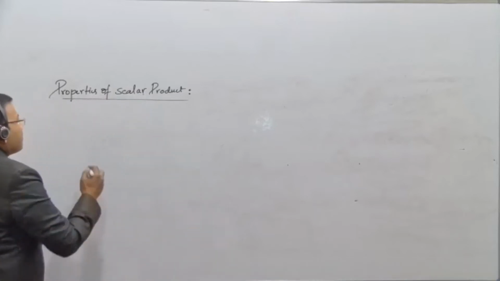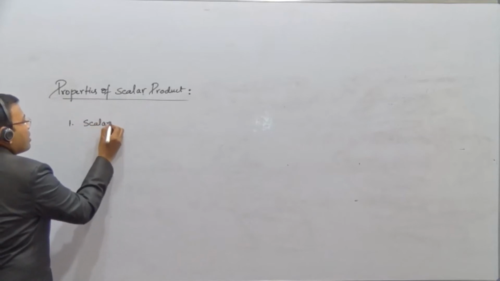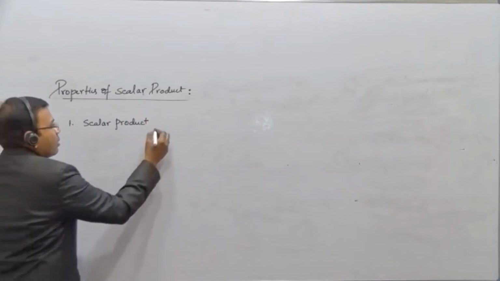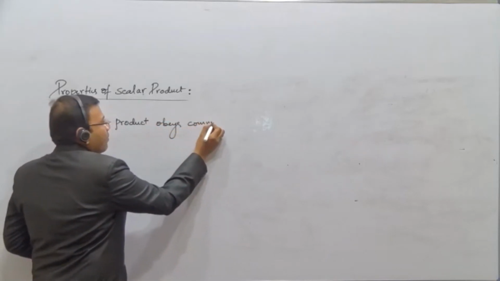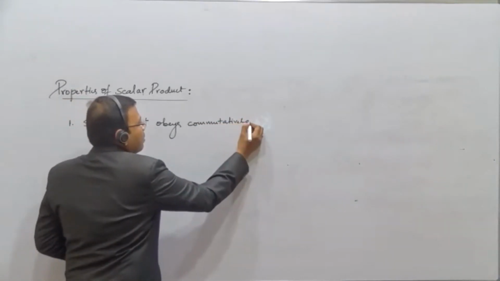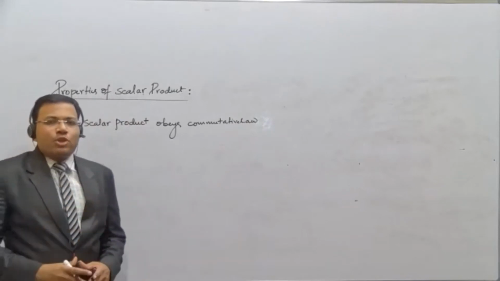The first one: scalar product, which is also called a dot product, obeys the commutative law. What do you mean by this commutative law?